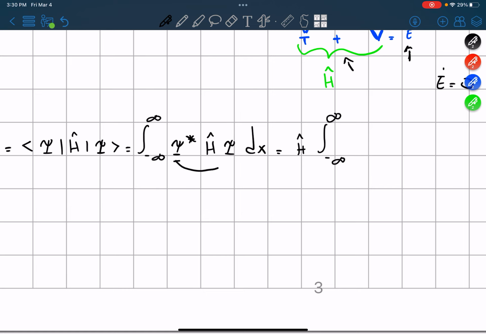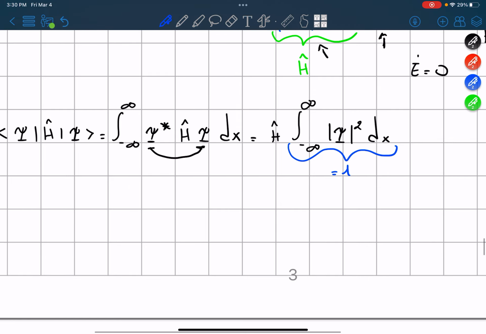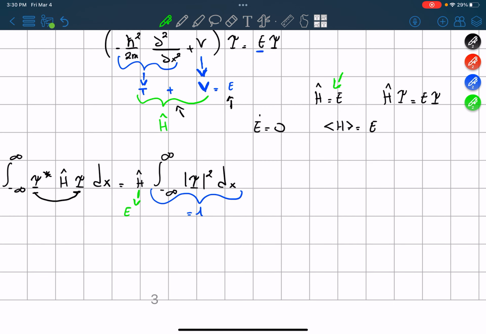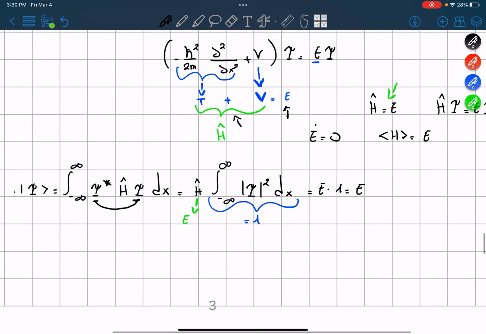We have these two left together, so we can just multiply them together and say it's the absolute value of psi squared dx. And we know that this part over here is equal to 1 because of the normalization. And this part over here is equal to the total energy, because we just proved it earlier right here. So we're going to have E times 1, or simply E. And as you can see, it makes sense both mathematically and theoretically, logically.